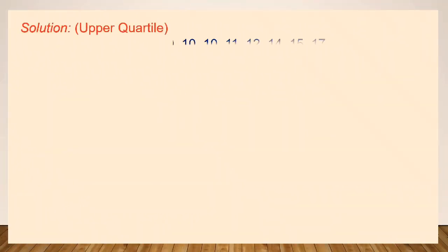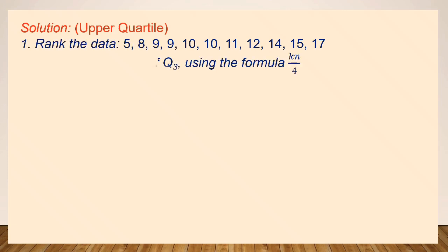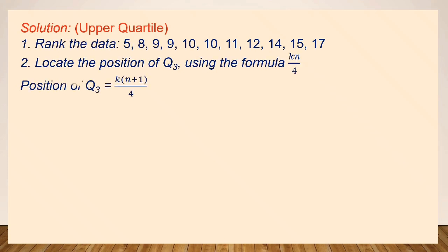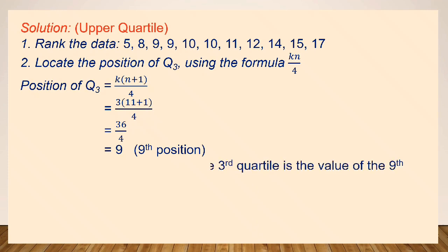For the upper quartile, using the same set of data, applying the values in our formula, k is equal to 3 times the quantity 11 plus 1 all over 4. Simplifying it results to 9. Since it's a whole number, we directly locate the position of that in our set of data by counting.